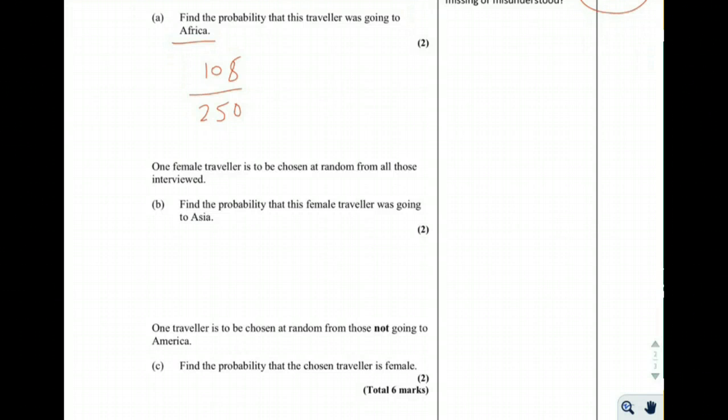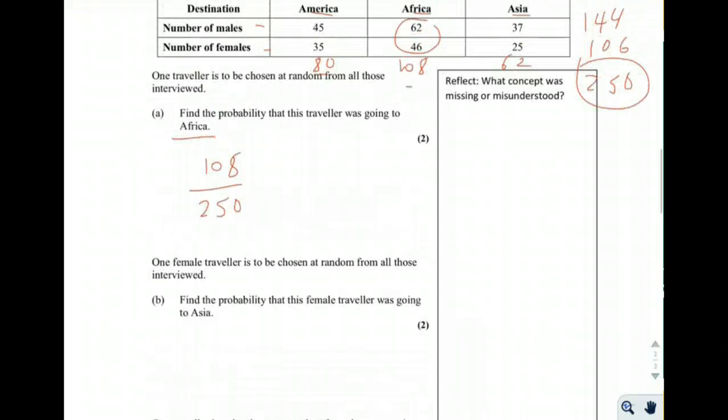Okay. One female traveler is to be chosen at random from all the interviewed. Find the probability that this female traveler is going to Asia. So one female traveler is chosen at random. So they already chose a female traveler. So that would be out of 106, right? So there's 106 female travelers. And then it says, find the probability that this female traveler was going to Asia.